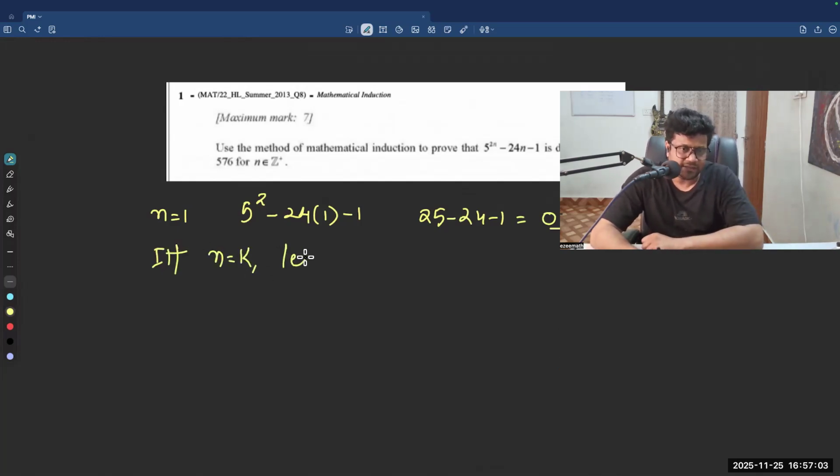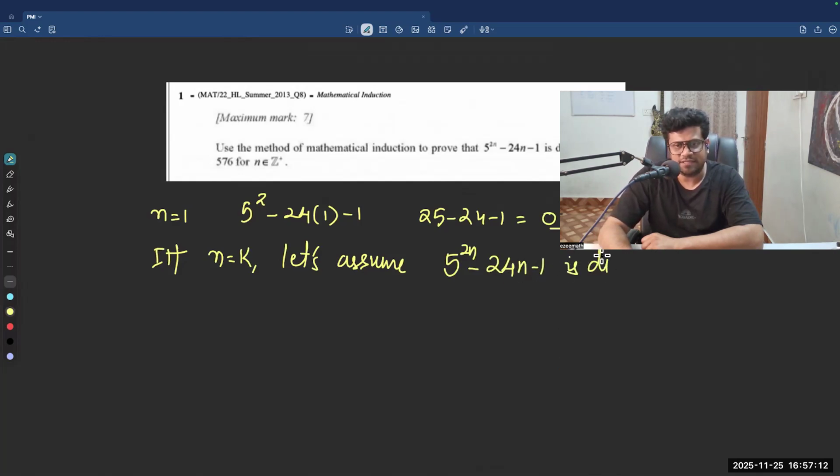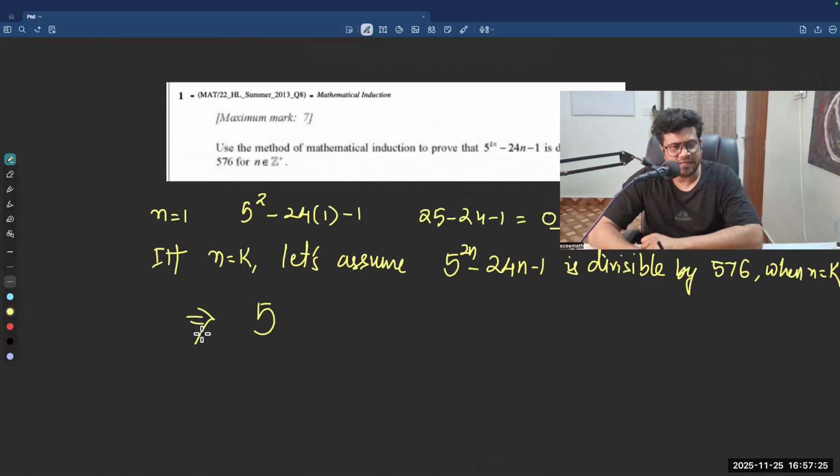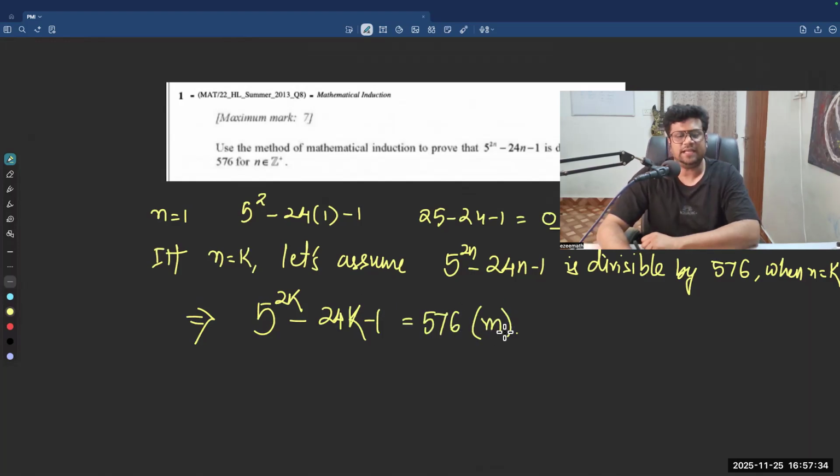So again, what is the statement like? Let's assume 5 to the power of 2n minus 24n minus 1 is divisible by 576 when n equal to k. So you go, this implies that 5 to the power of 2k minus 24k minus 1 is 576 times some integer m.